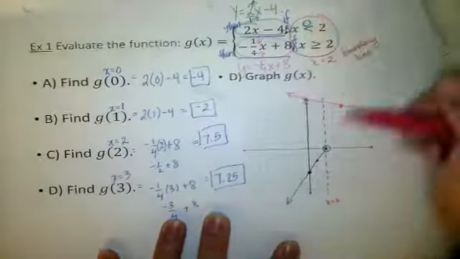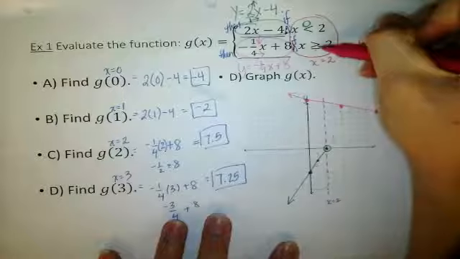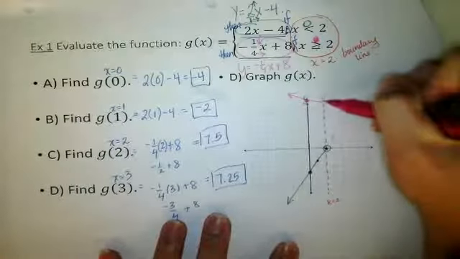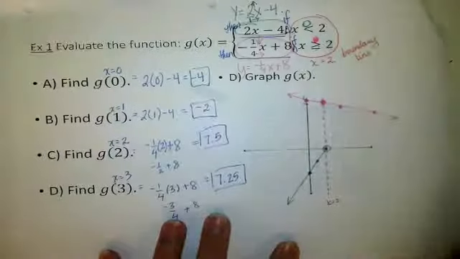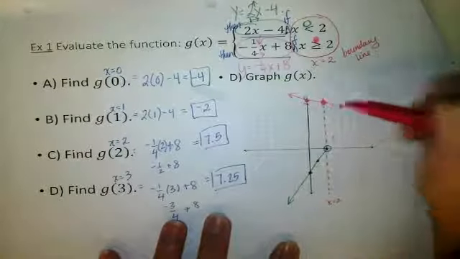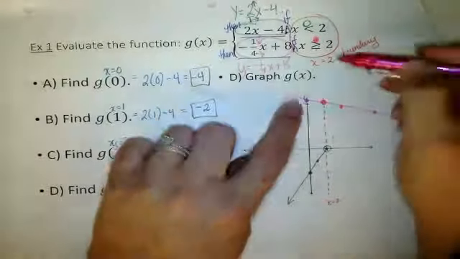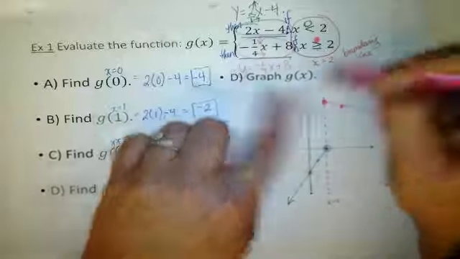I know I only want the right side. At my boundary line, should I have an open or a closed dot? Solid dot, because it's equal to. So I'm going to put a nice big giant solid dot there so it's really clear to me. And I want the right half of the line. So what do I get rid of? The left of the boundary line gets erased.